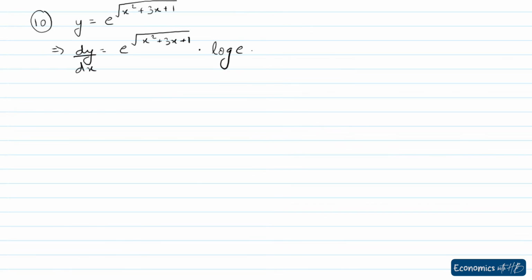Let's see this one. Y is equal to e to the power under root of x square plus 3x plus 1. Now what form is this? Y is equal to e to the power u. Alright, so dy by dx is equal to e to the power u as it is, into log of e into d by dx of u.